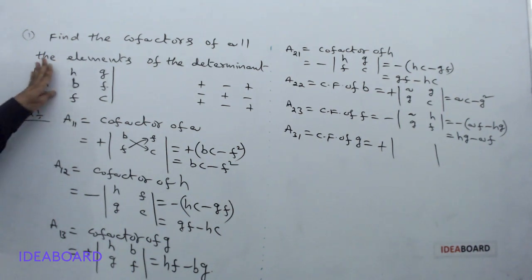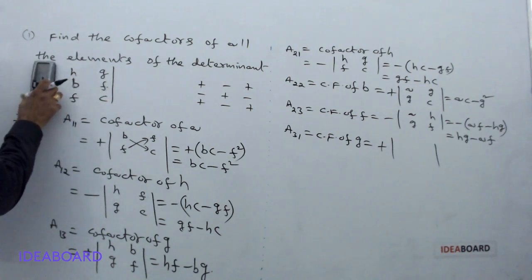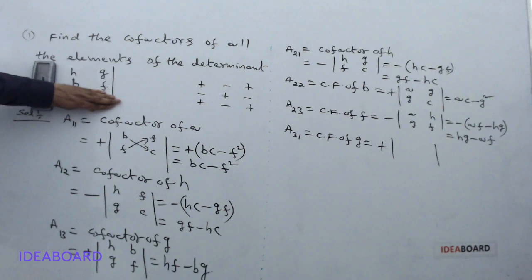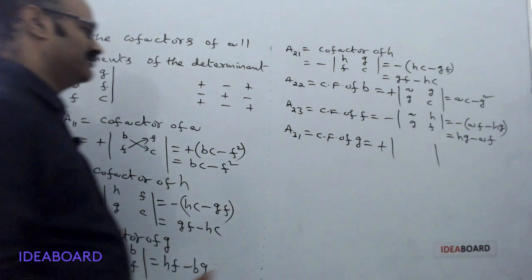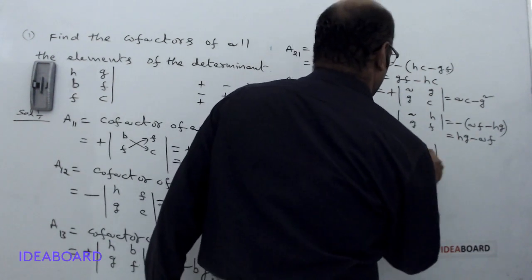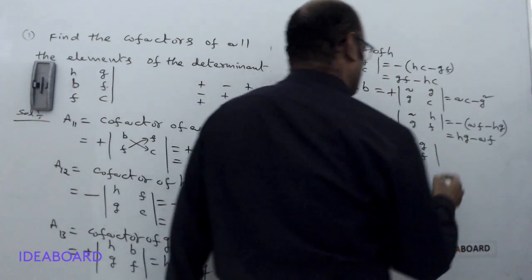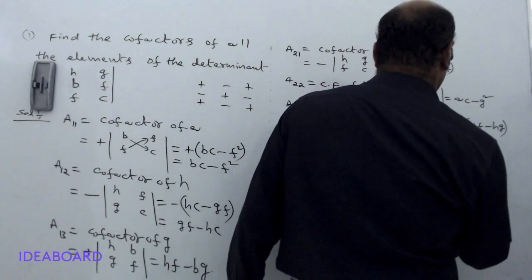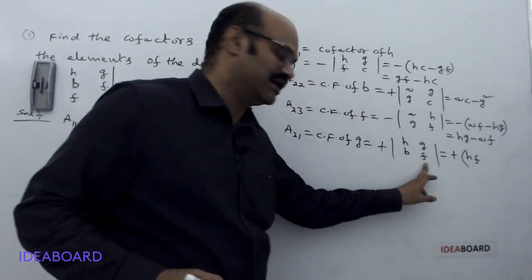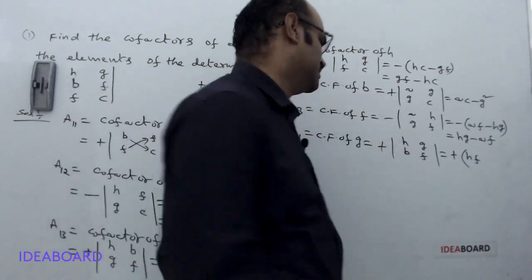Here G lies in first column and third row. So close the first column and close the third row. So the remaining elements are HGBF. So equal to plus of HF minus H into F minus B into G.